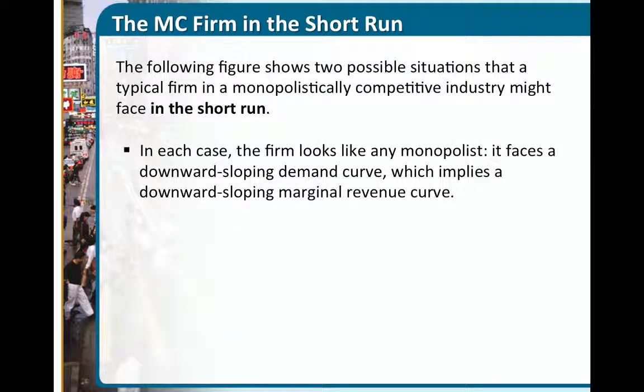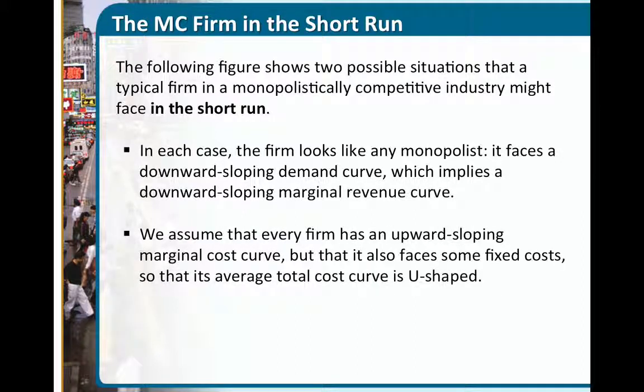So in the short run, there's a downward sloping demand curve and a downward sloping marginal revenue curve, and there's upward sloping marginal cost and a U-shaped average total cost curve. There are some fixed costs involved.